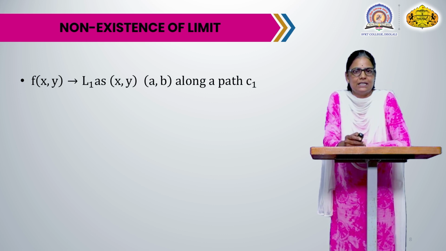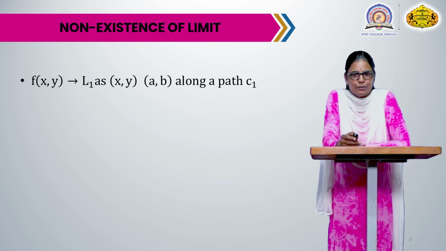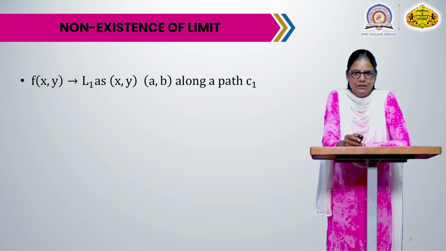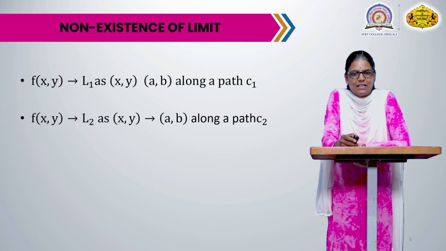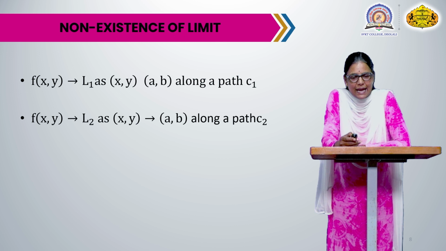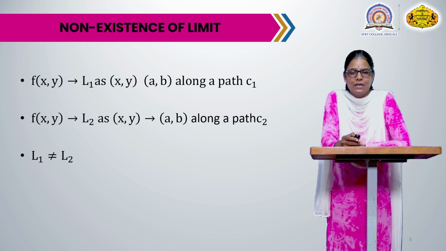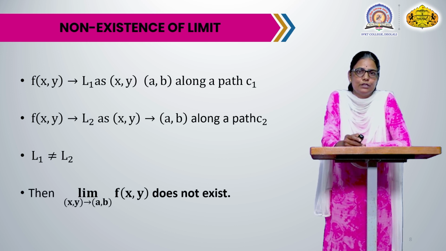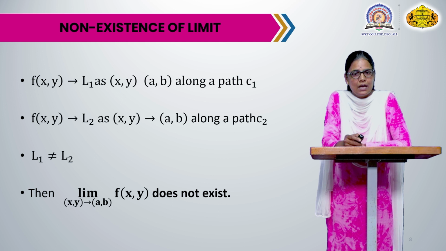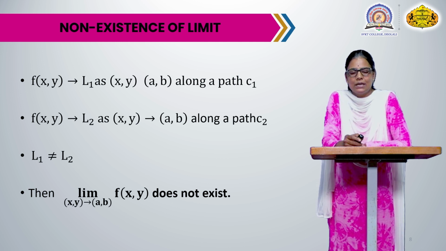Suppose we consider the first path C1, and the limit of the function f(x,y) along that path is L1. Consider another path C2, and the limit of the function f(x,y) along C2 is L2. If both L1 and L2 are different values, then we say that the limit of the function f(x,y) as (x,y) approaches (a,b) does not exist.